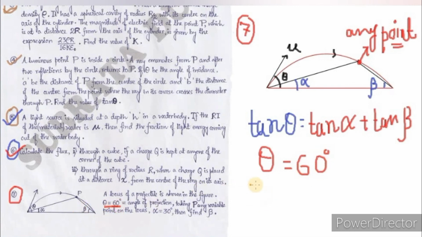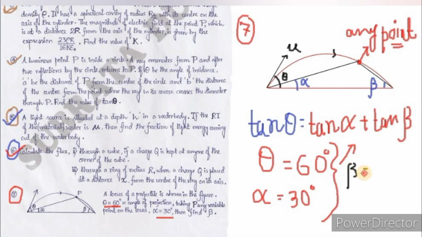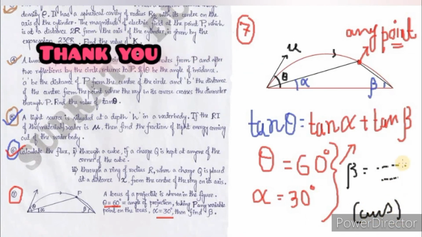Alpha is given also, that is 30 degrees. So putting these values, we can easily calculate the value of beta. And now the solution becomes very much easier. If you know this formula, you will be able to solve this. So in this way you can calculate.